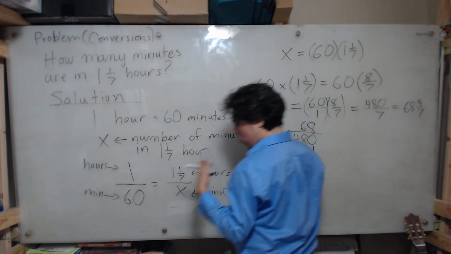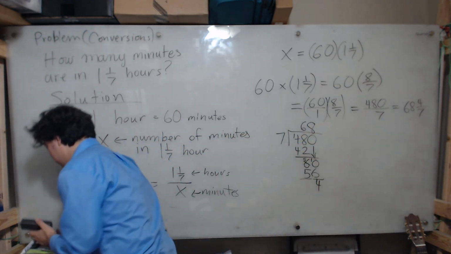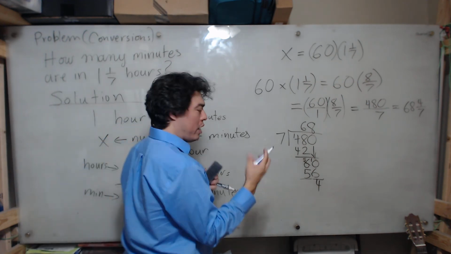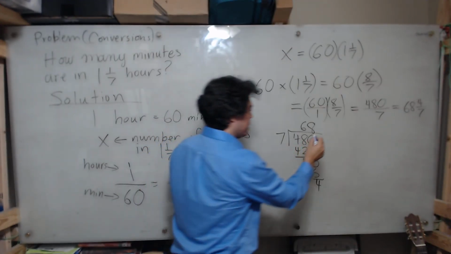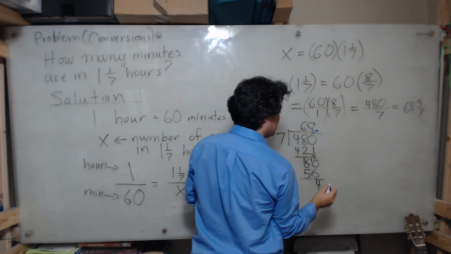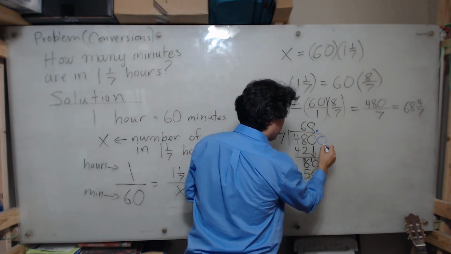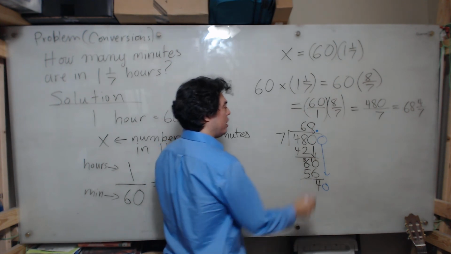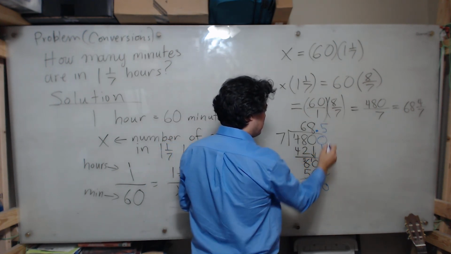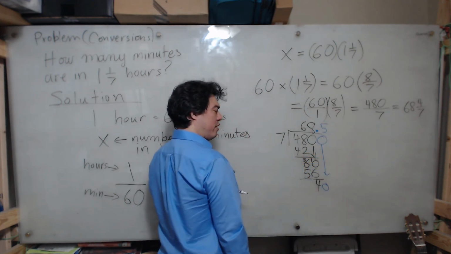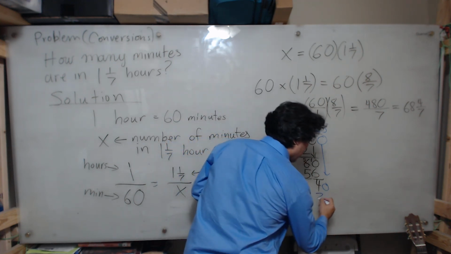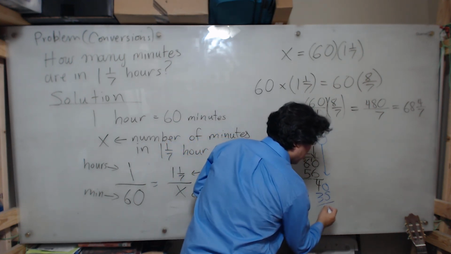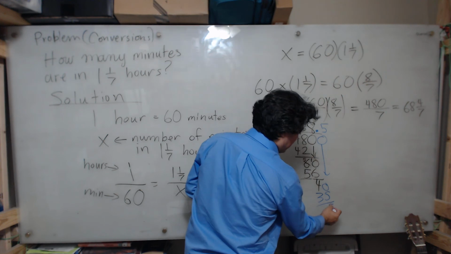Or, if I want to go with a decimal expansion, I'm going to change color. I'm going to put my decimal point, put a 0, and bring that down. Then I ask myself, does 7 go into 40? Indeed it does, 5 times. 5 times 7 is 35. 40 minus 35 is 5.